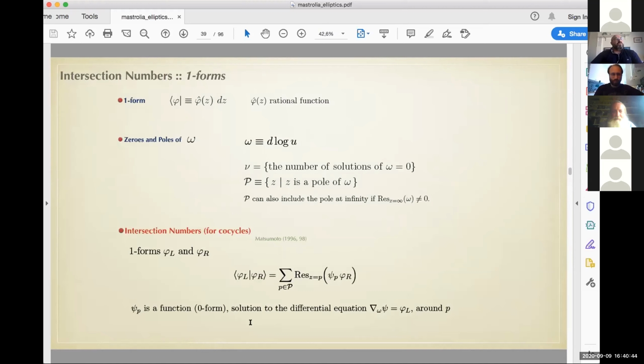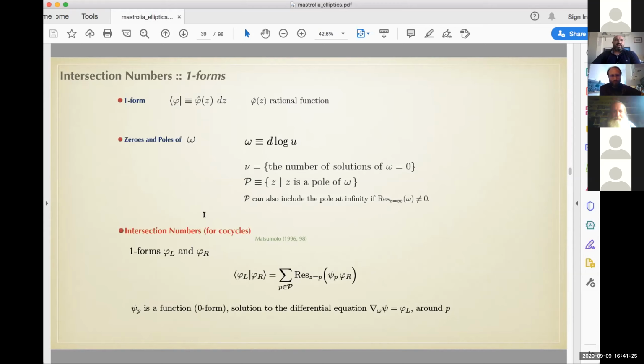The evaluation of the intersection numbers is controlled by the geometric properties of U, or actually by the differential logarithm of U, namely from the graph polynomial in our case. In particular, it's related to the zeros and the poles of omega. In fact, the number of solutions of omega equal to 0, corresponding to the critical points, as Lee and Pomeransky had previously introduced, corresponds to the number of master integrals, whereas the poles of omega are important to compute the intersection number.